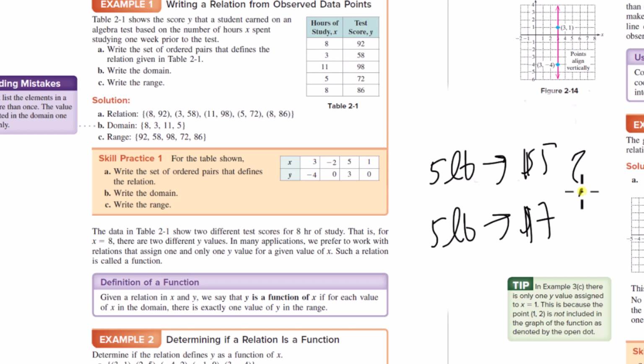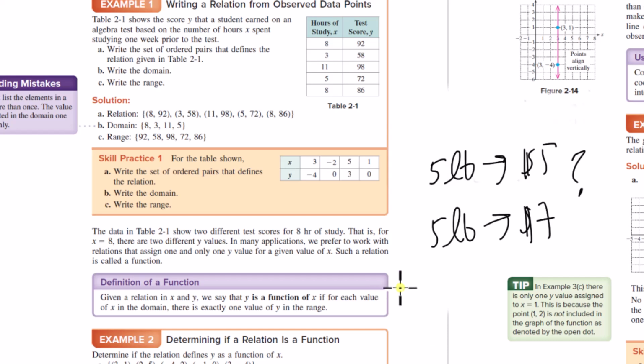You need one answer. So there's a lot of applications. If you think about the different types of real-life applications that involve relations between variables, a lot of them have this kind of requirement where you can't have different outputs being associated with the same input. It just doesn't make sense. There's a lot of applications that are like this.